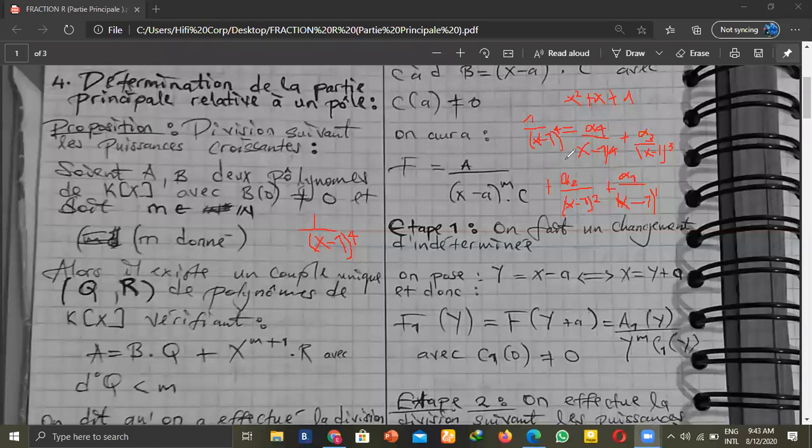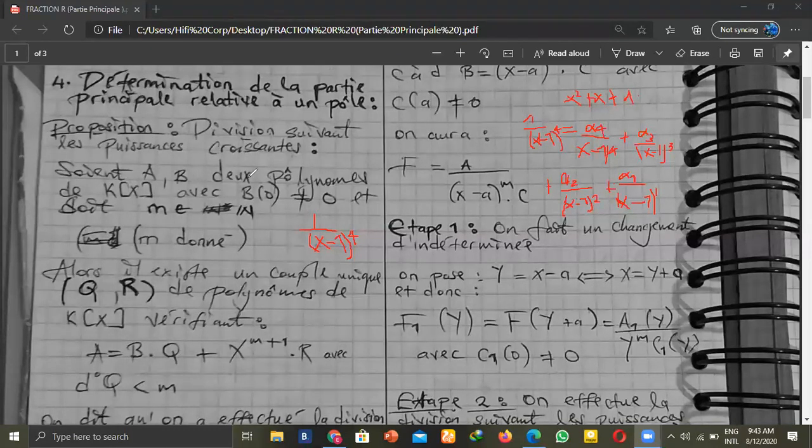So this is what I was saying: if we go to the power 4 like this, they'll tell you find this, find this, find this, find this. How can you find it? For you to find it, this is why you now use the théorème de partie principale. It's going to make your work easier. You are going to find all four of them at the same time using division suivant les puissances croissantes.